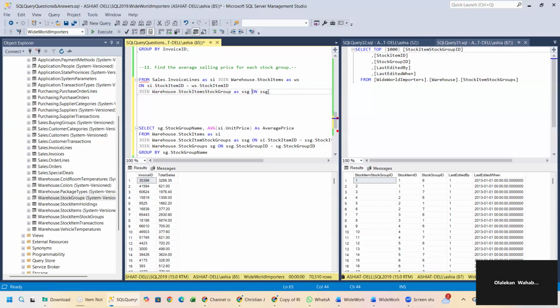Yes, okay. Join the SSG stock item ID equal to WS.stock item ID.